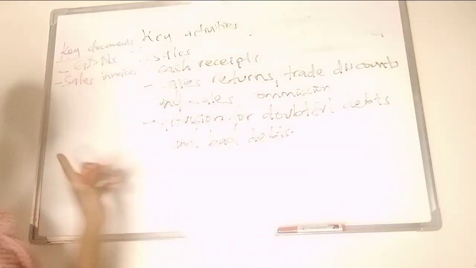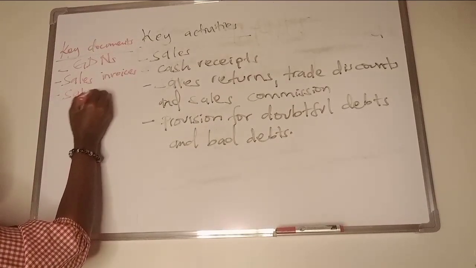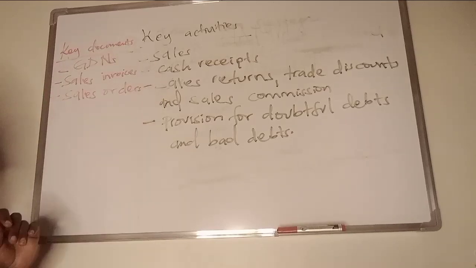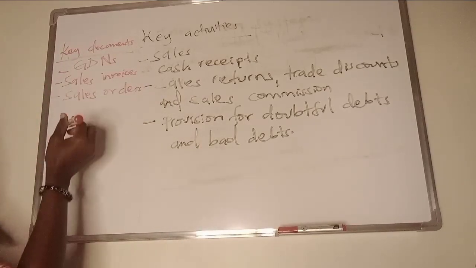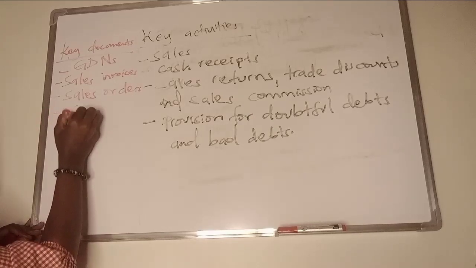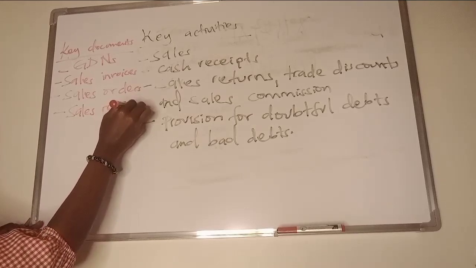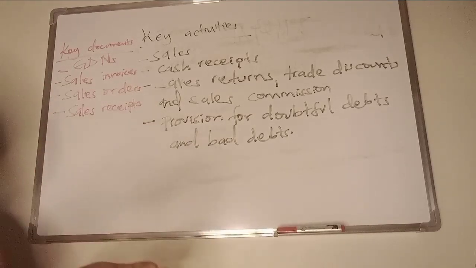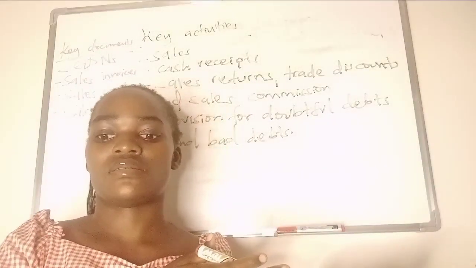Then we have the sales orders, where you receive an order from customers. Then we have the sales receipts, which you give to customers after they pay for the sales.